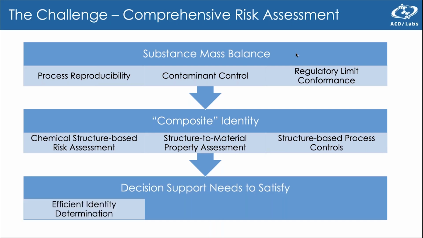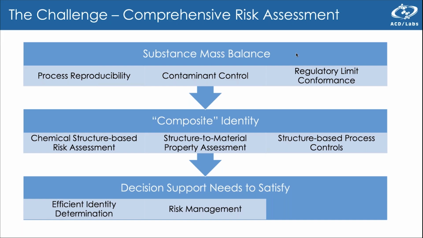What I think is important is also the decision support needs that you need to satisfy here. Efficient identity determination processes, the process by which you identify a component in a substance has to be efficient. We'll talk a little bit about that later. Also gives you the ability to perform effective risk management.